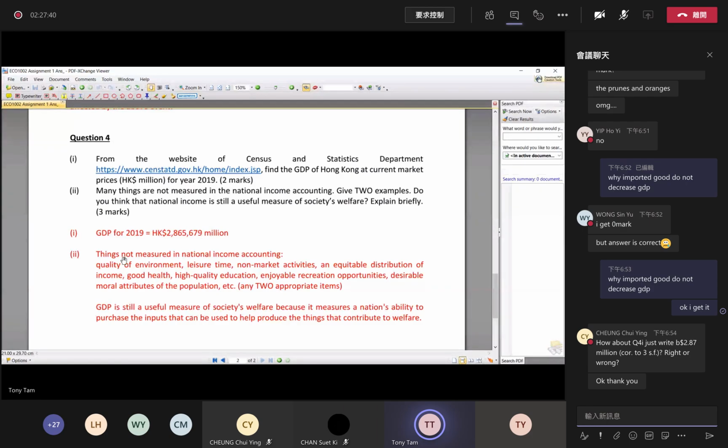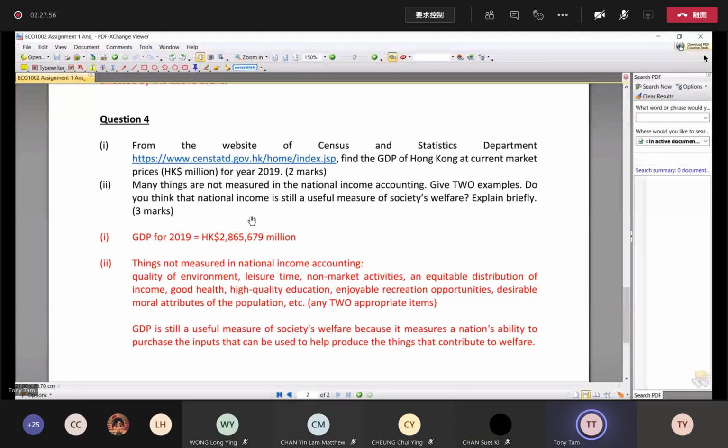Okay. Now, you look about things not measured in national accounting. You have to relate something not reflected by GDP. So these are the stuff you can find from our lecture note. Quality of environment. Now that will be because the question will be related. You have to find something that is not related in national income accounting, but it will be related to the well-being of our society, right?